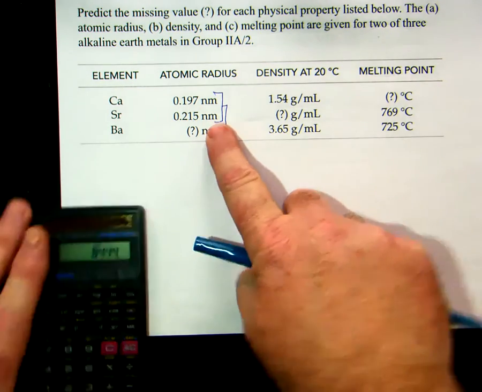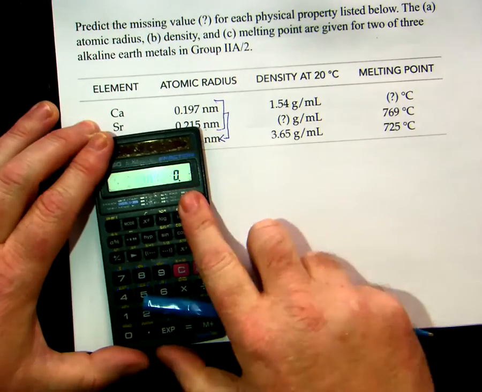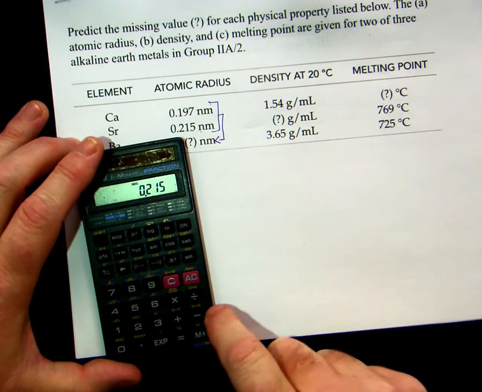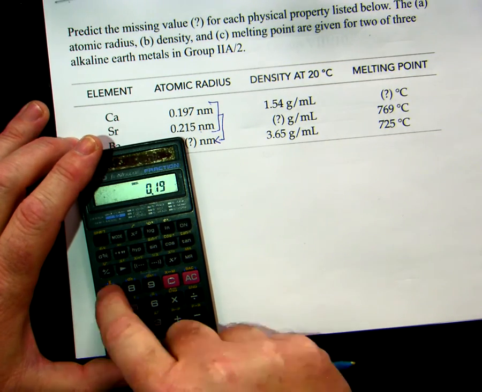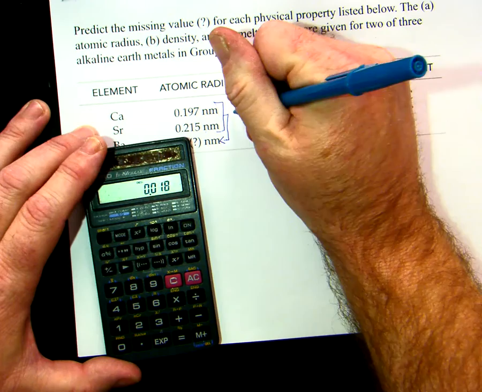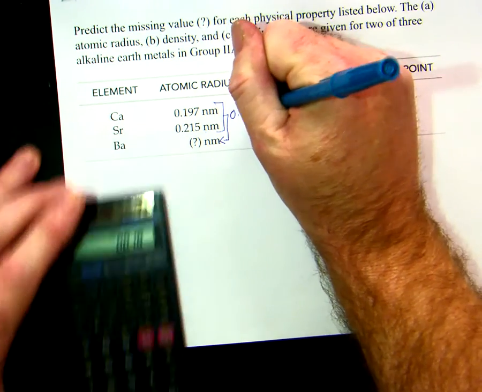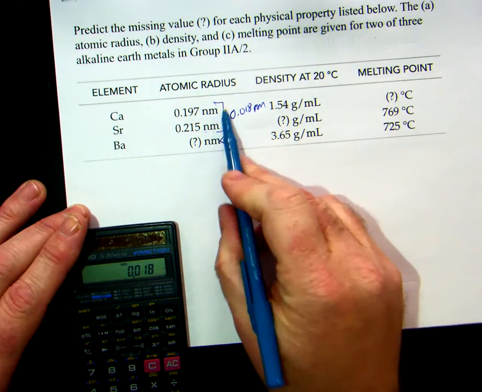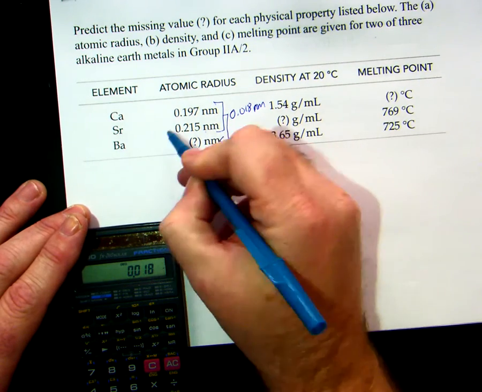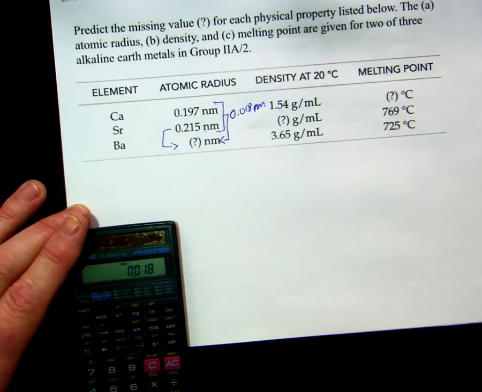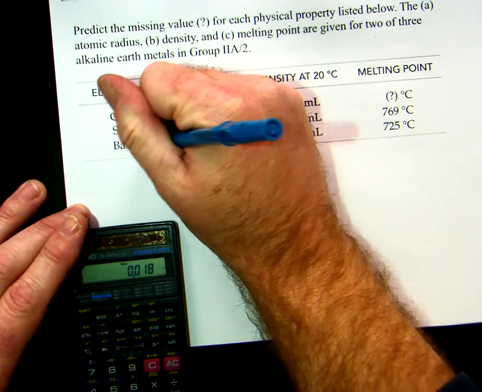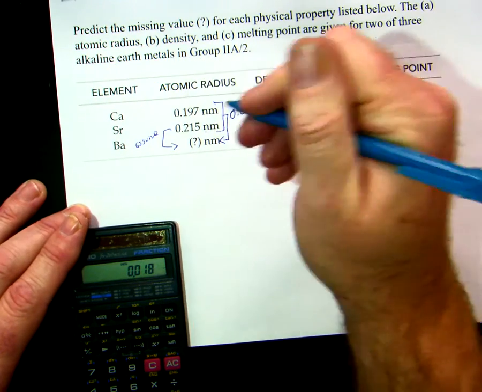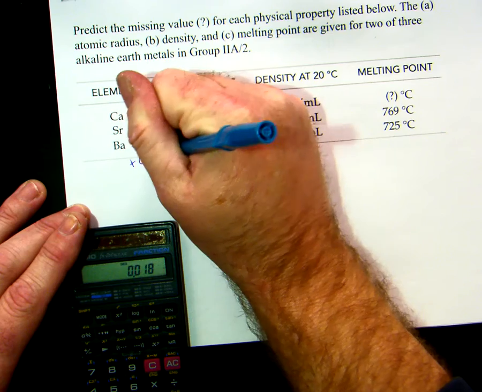If the difference between 0.215 and 0.197, if that distance is 0.018 nanometers, then we would expect this distance from here to here to be that same amount. We would assume that that would also be another plus 0.018.